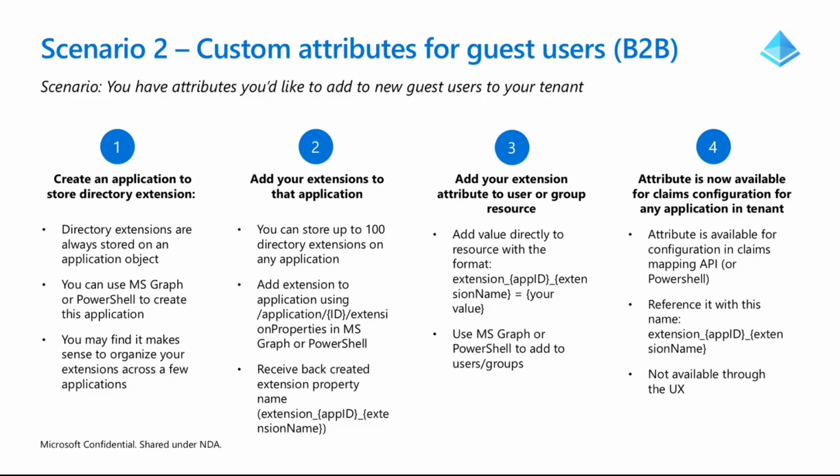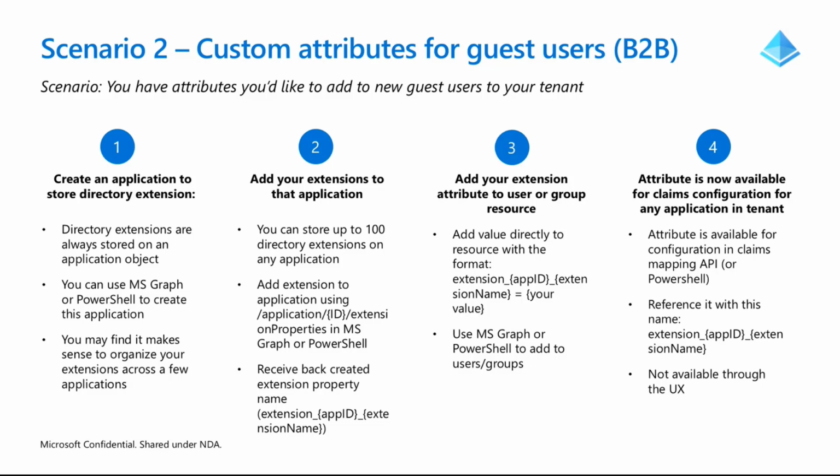The difference between the first scenario and the second is that the first scenario uses Azure AD Connect Sync as its first-party app, versus the second scenario, where you create your own application to hold those directory extensions. Once you have that, you add your directory extensions to that application.